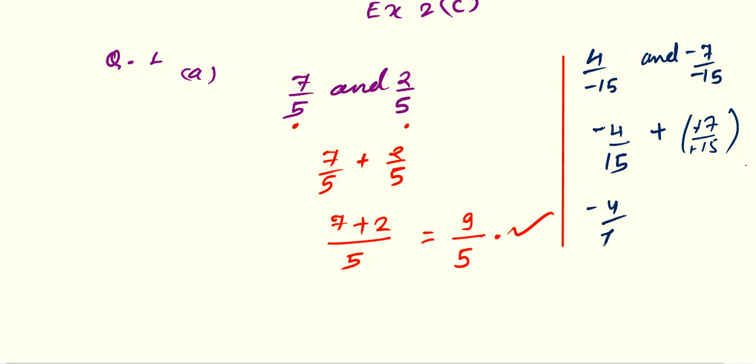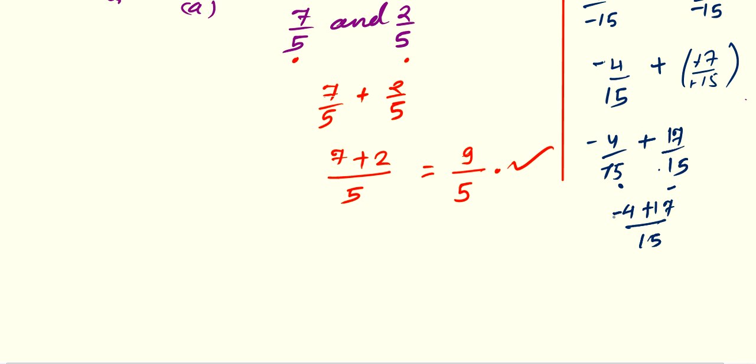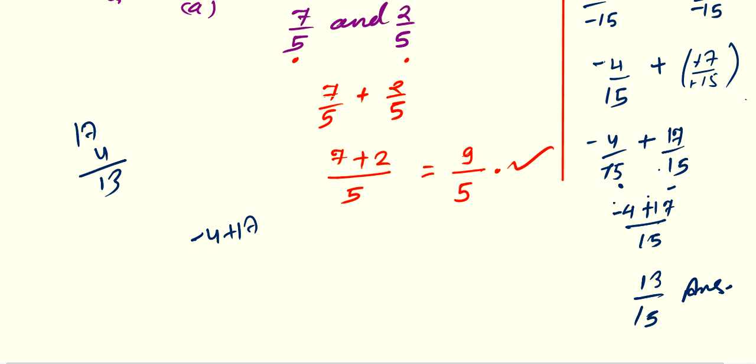So we have minus 4 upon 15 plus 7 upon 15. Now the denominator is the same, so write only 15, and in the numerator minus 4 plus 7. Here we have minus 4 and plus 7, so subtract 4 from 7, you will get 3. So plus 3 upon 15 is the required answer. Okay, so question number 1 you can now solve.